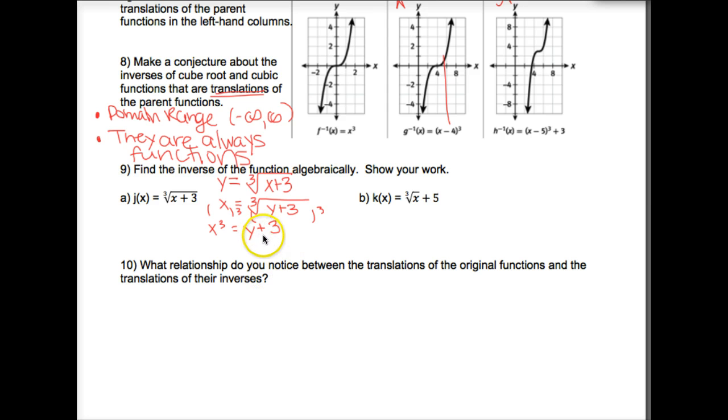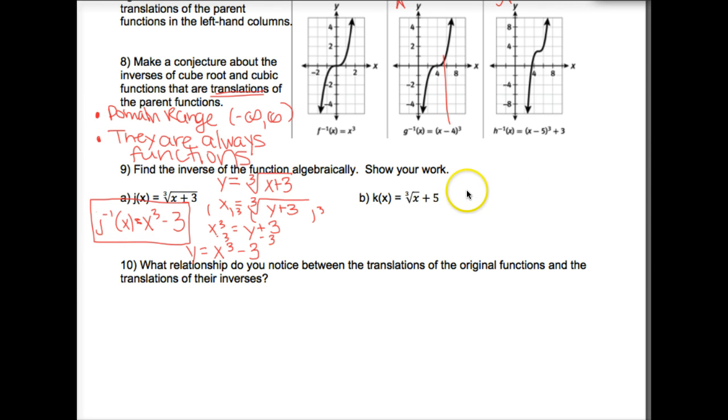Now to get y alone, we just have to subtract the 3 on both sides. That gives me y equals x cubed minus 3. Final answer, because we don't leave the y equals, we have to put in inverse notation: j inverse of x equals x cubed minus 3. Sorry, my equals sign went a little crazy there, but that is our answer.